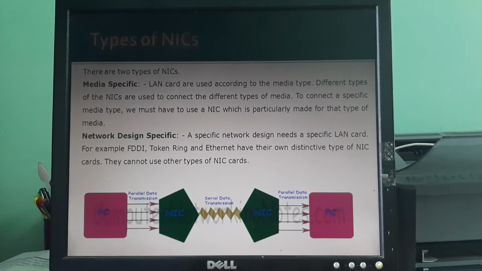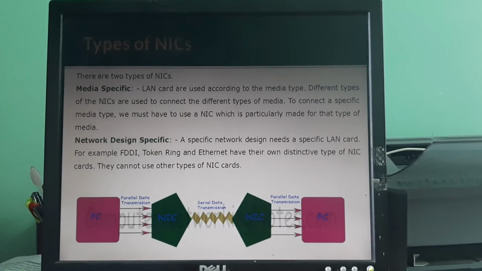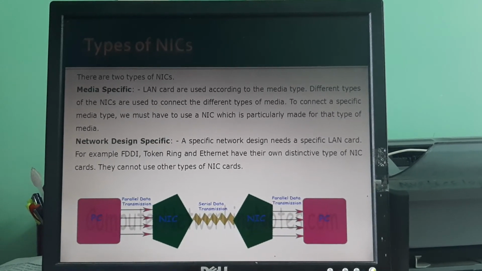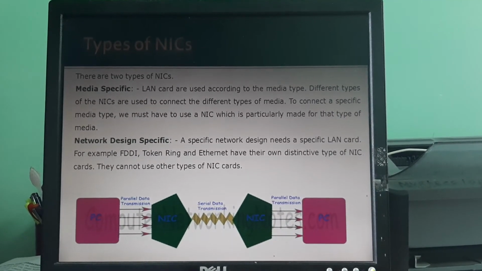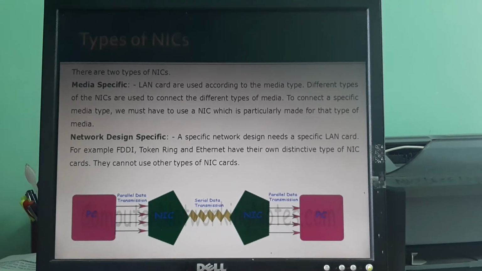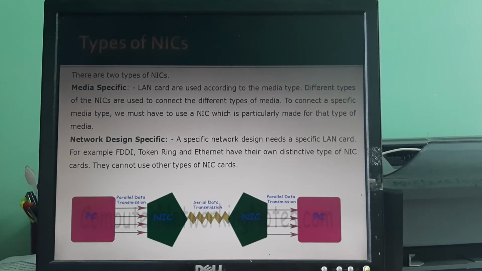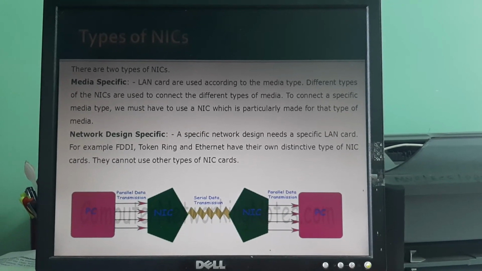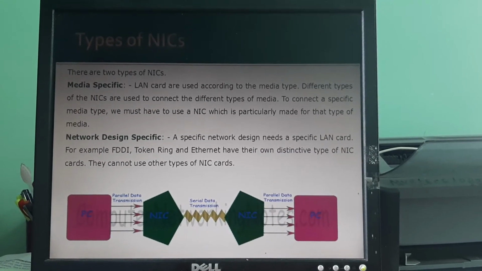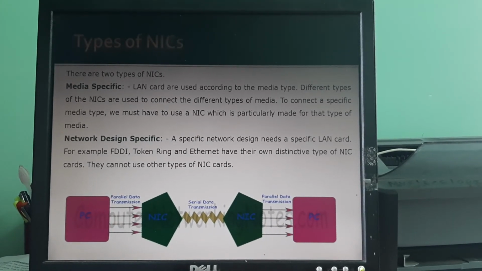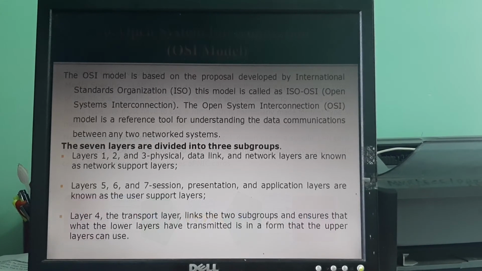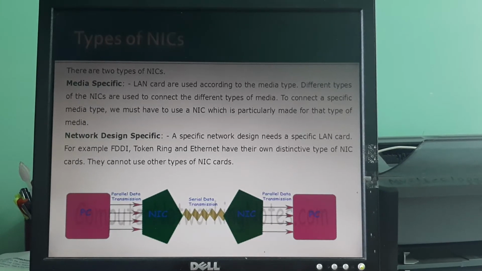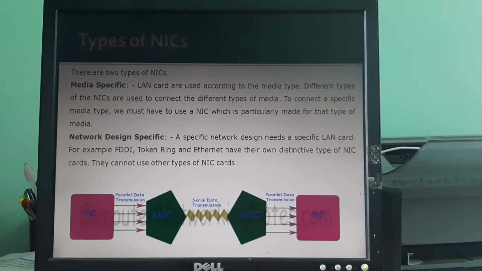The second one, network design specific, refers to different types of networks like LAN, MAN, WAN, etc. If you want to transfer between these different types of networks, those NICs are called network design specific.